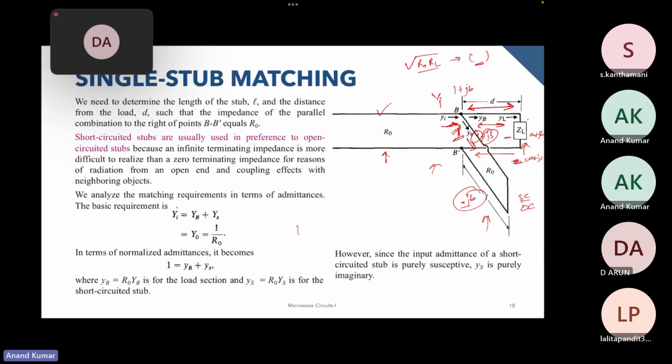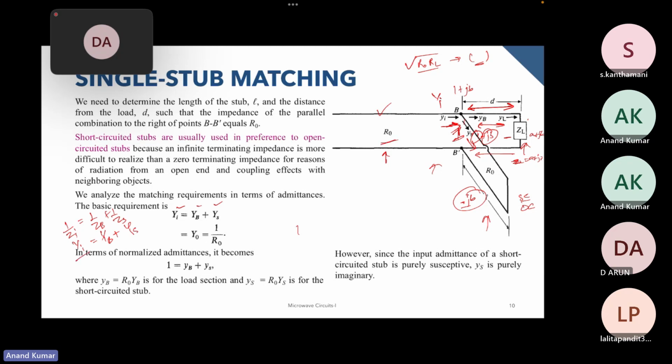These are all admittances in parallel. When you're looking at impedances, this would be 1 by Zi equals 1 by Zb plus 1 by Zs, but if you're writing in terms of admittances, you can just flip them and directly write this. Okay, and you can now normalize them.